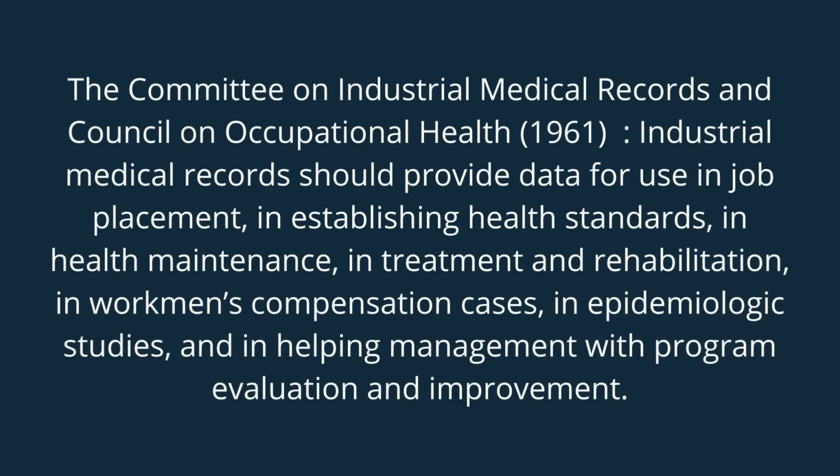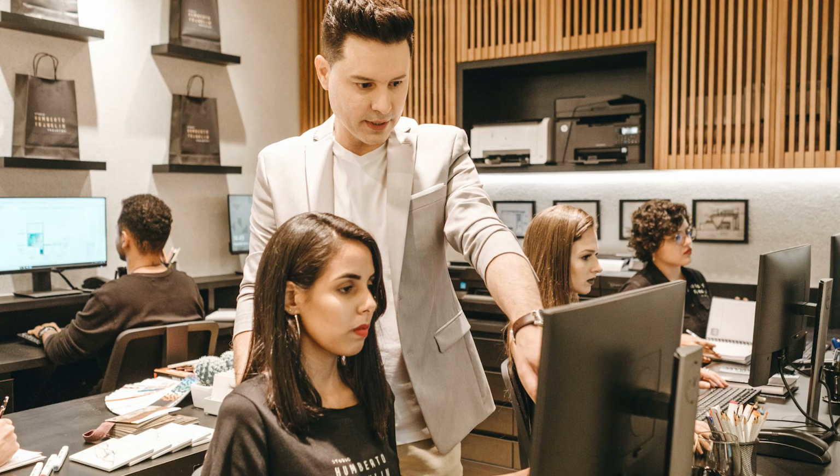It was only in 1961 that the Committee on Industrial Medical Records and Council on Occupational Health declared that industrial medical records should provide data for use in job placement, in establishing health standards, in health maintenance, in treatment and rehabilitation, in workmen's compensation cases, in epidemiological studies, and in helping management with program evaluation and improvement.